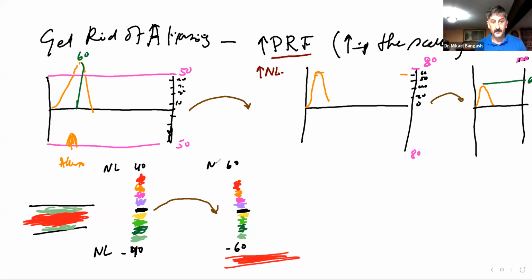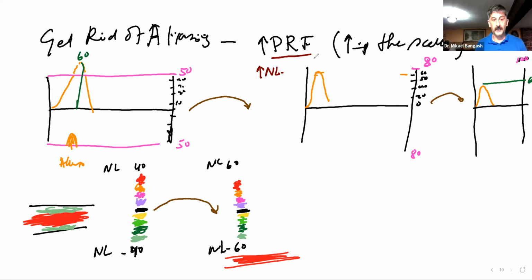So this just becomes your new Nyquist limit. Just as you had here, you increase your Nyquist limit, it became from 50 to 80, right? We increase it even further, it became from 80 to 100. So the same is going to happen here.